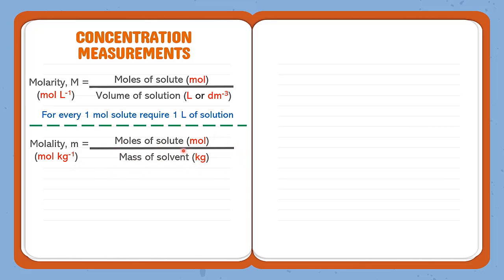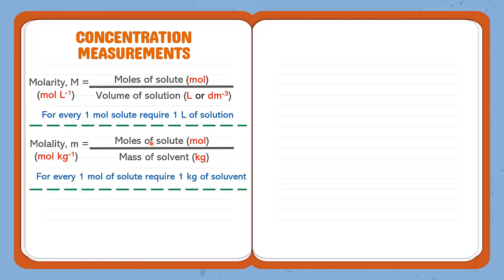Note that not always the denominator belongs to solution. Sometimes there can also be solvent. You have to be careful with this. Again, for this unit to exist, they require numerator and denominator of 1. Therefore, molality can be defined as for every 1 mole of solute, require 1 kg of solvent.